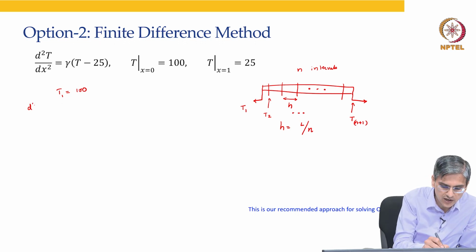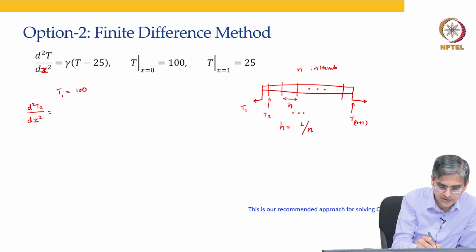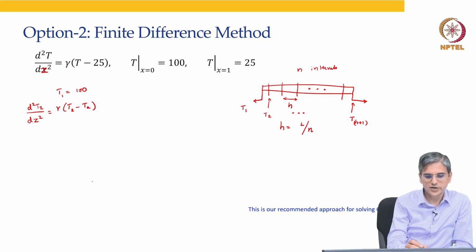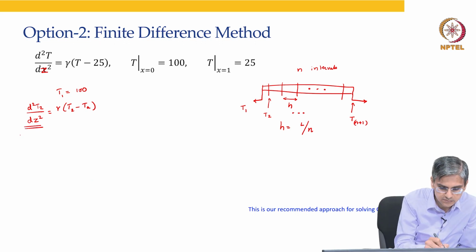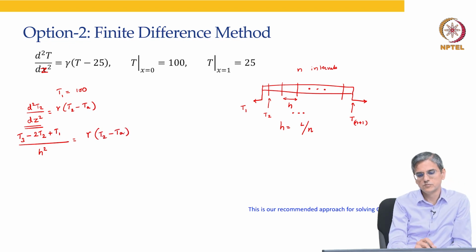At T2, you have d square T2 by dz square. Remember, we had said that this is going to be z. This guy is going to be nothing but T3. Okay.